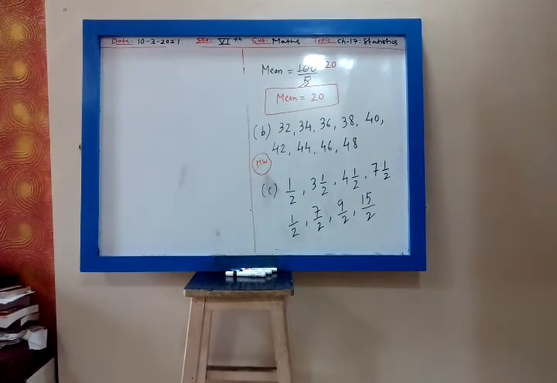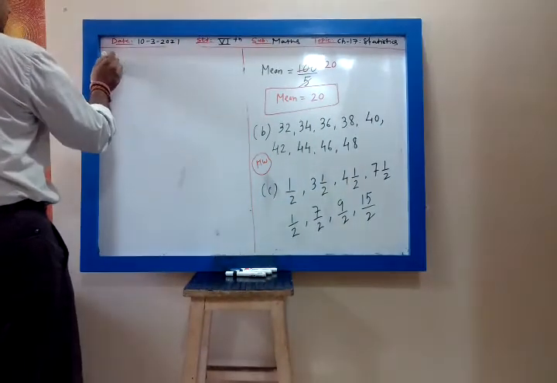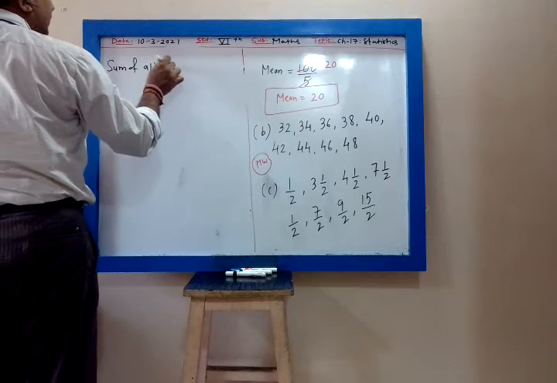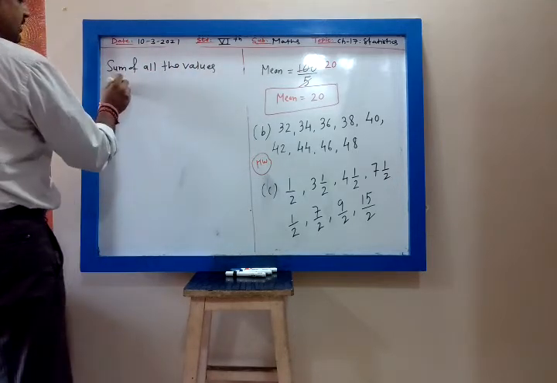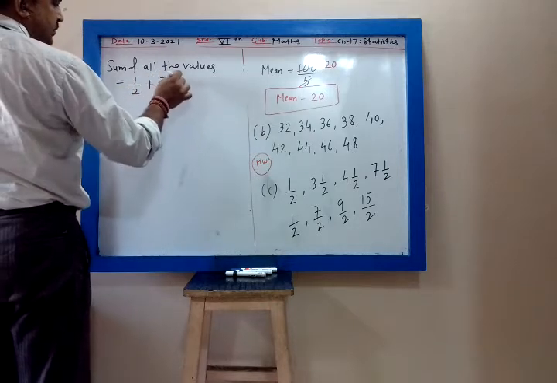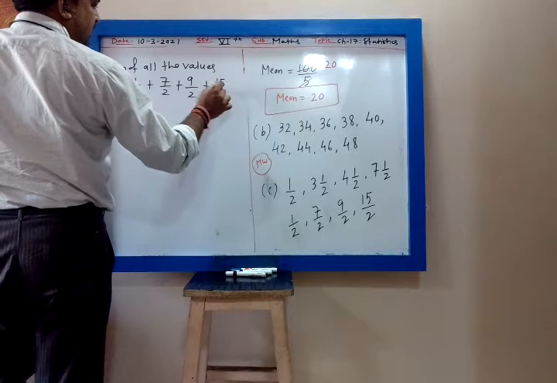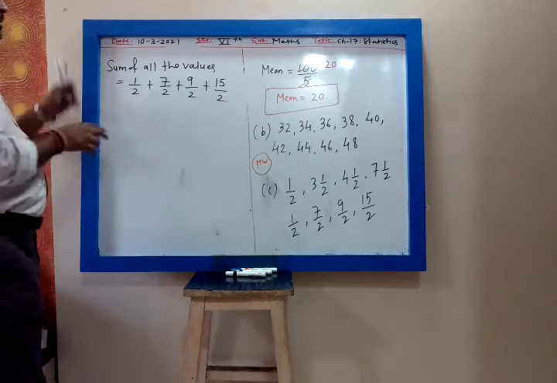You find the sum of all the values. What is the sum of all the values? That is 1 by 2 plus 7 by 2 plus 9 by 2 plus 15 by 2. Correct? So first we add all the values.